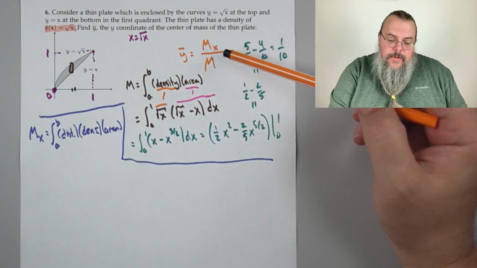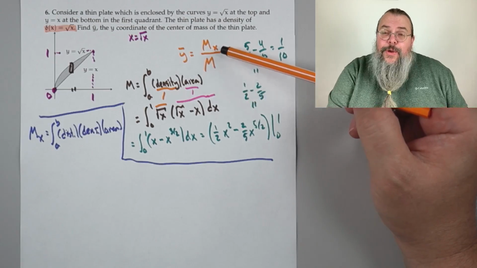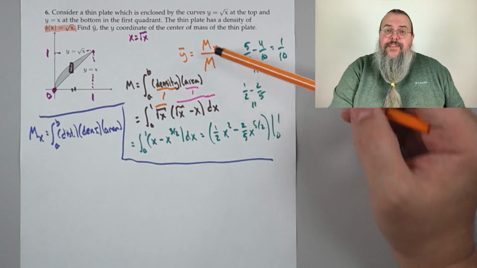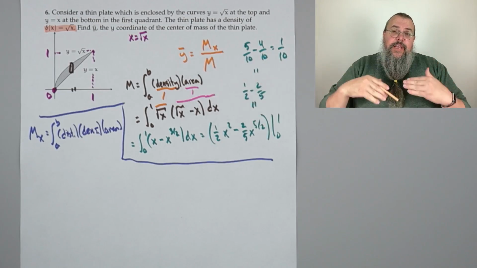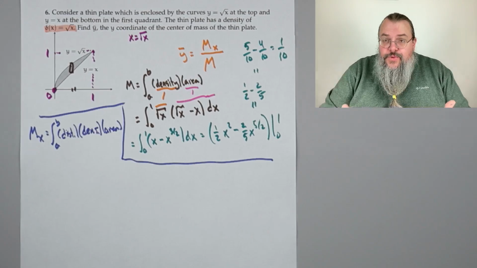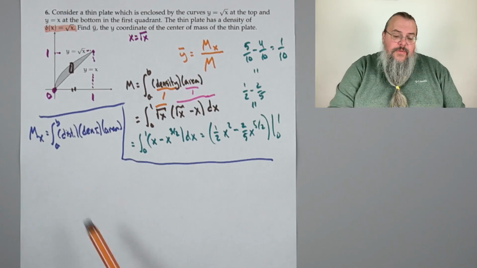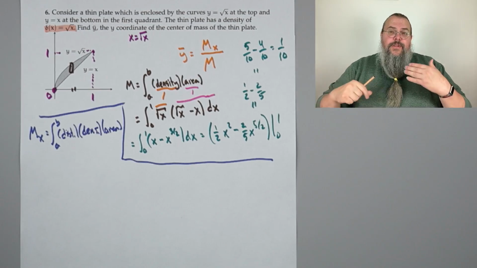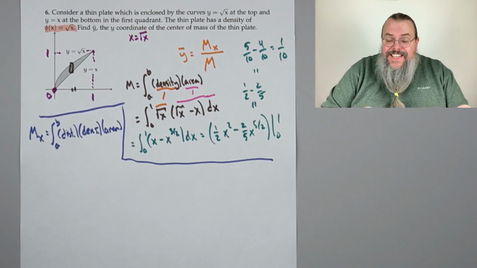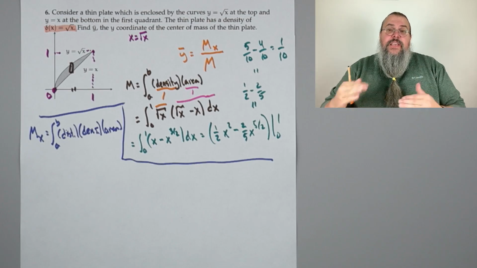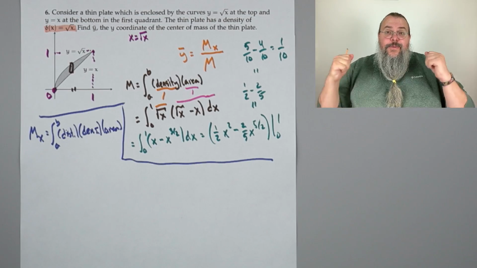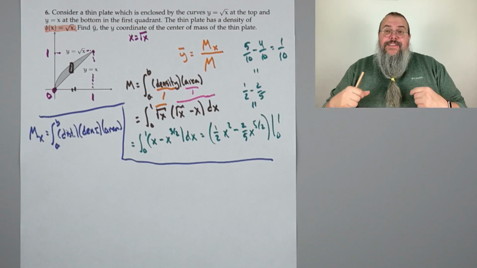So start with the subscript, the x in m sub x. That means we're taking the moment with respect to the x-axis. Because whenever you have a distance, you have to say, well, distance with respect to something. So with respect to the x-axis. Why with respect to the x-axis?